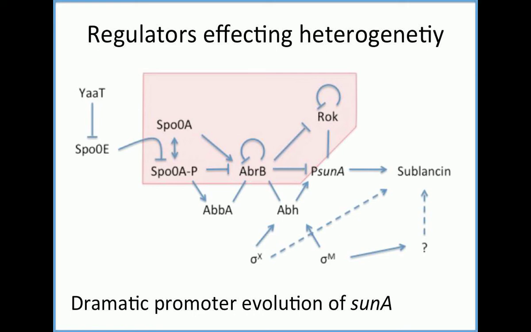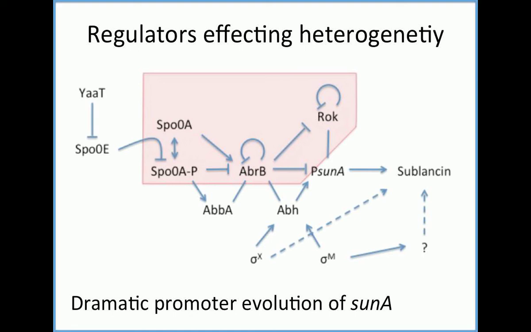Okay, so this looks nice and complicated, and it is, but all I want you to take notice of is this central region here, which is what is controlling the heterogeneous expression of sablancin. So we have Spo0A, which is the master regulator of sporulation and various other phenotypes Bacillus subtilis holds.